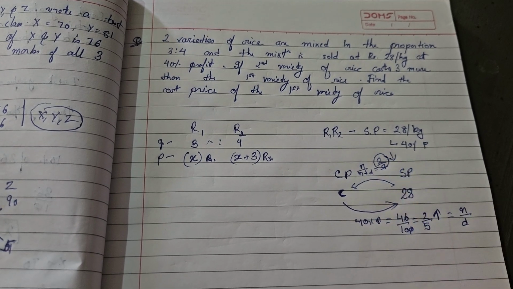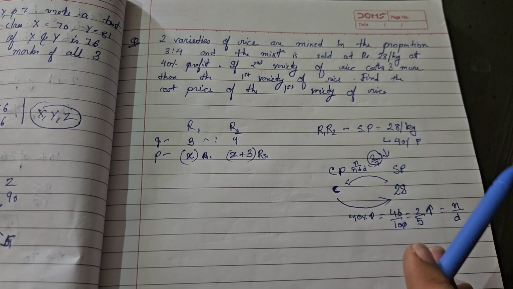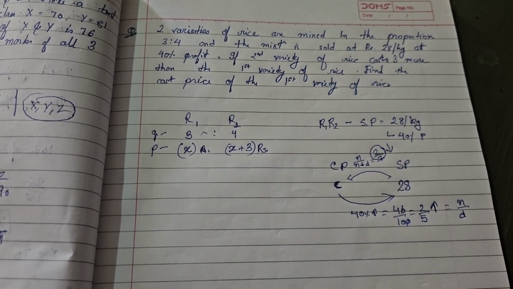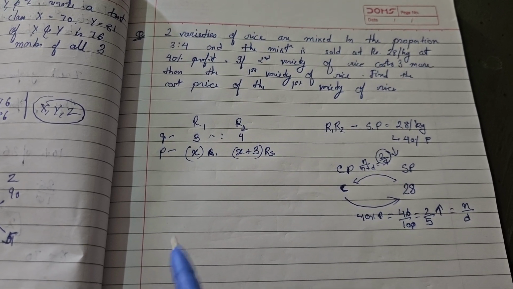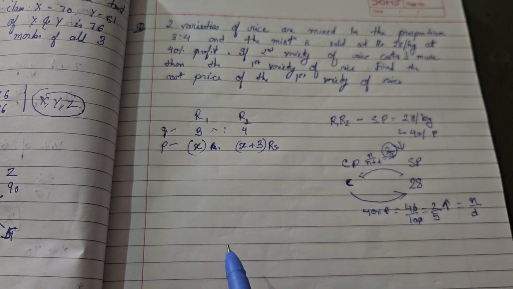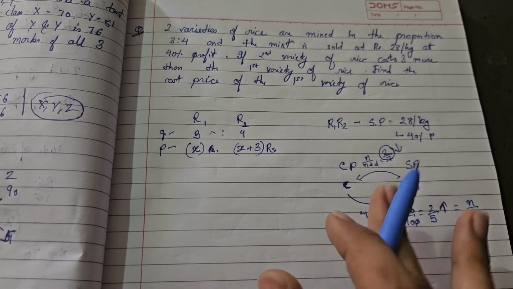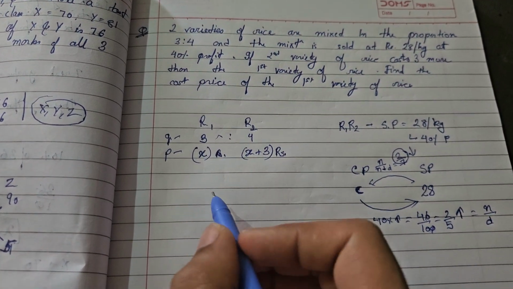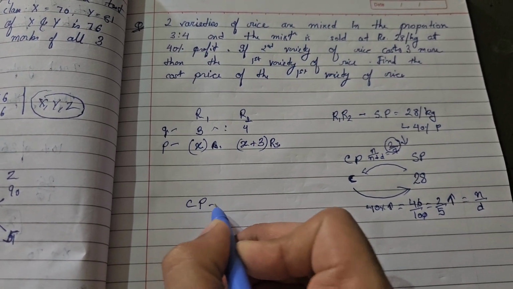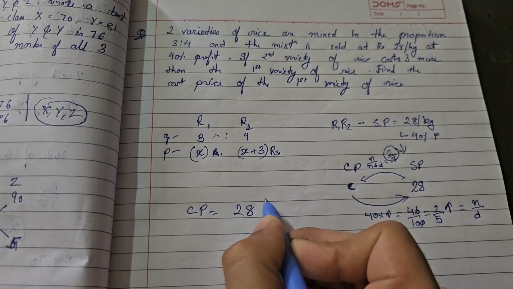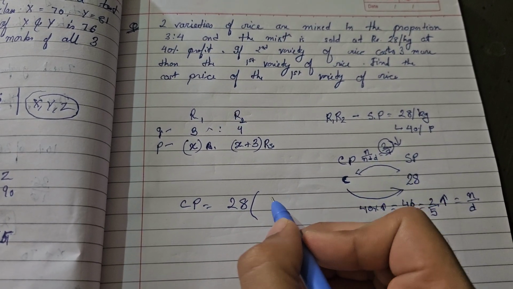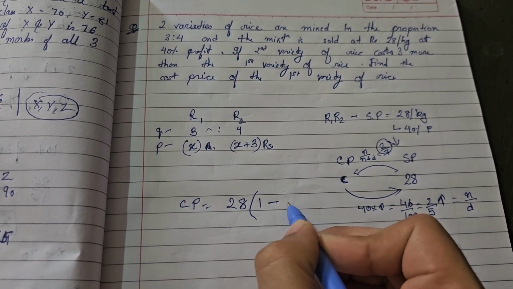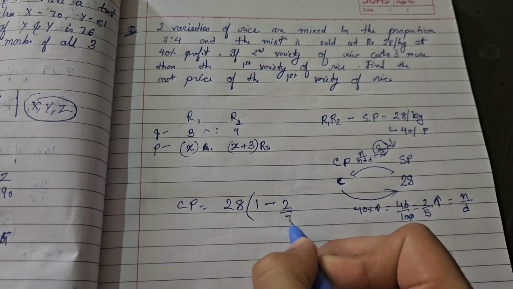This is the loss that we'll have to incur if we are going down from this price. This is a very simple trick that you can use to find cost price and selling price. So the cost price would be 28 times this multiplying factor. Since we are going down, we'll write 1 minus 2 by 7.